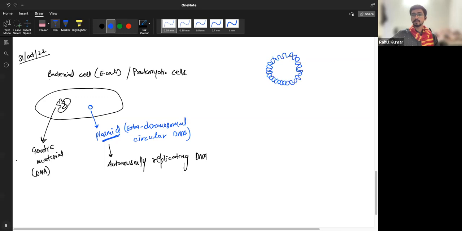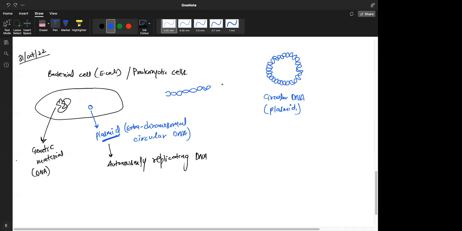So what is the benefit of being circular as a DNA? If it was just a linear DNA, like a random piece of DNA freely floating in the cell, versus a circular DNA, what is the difference? It's more stable.